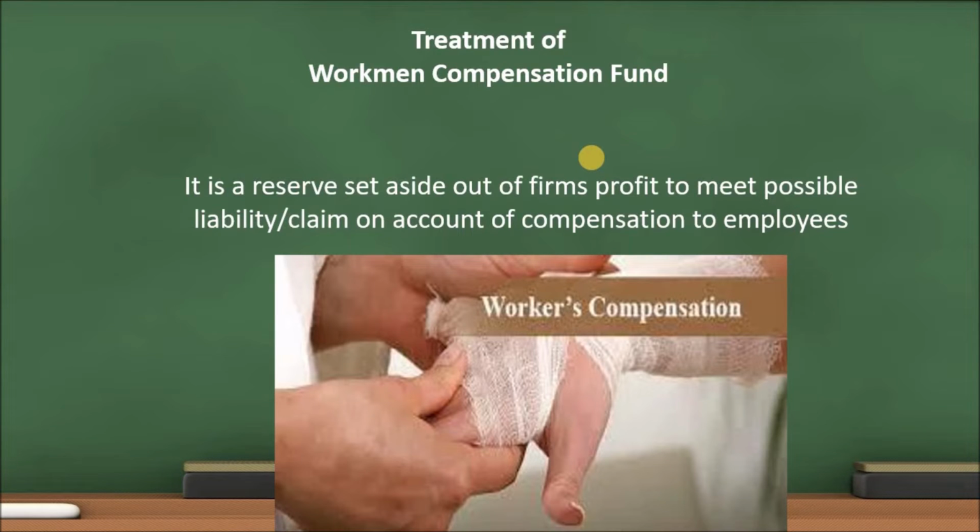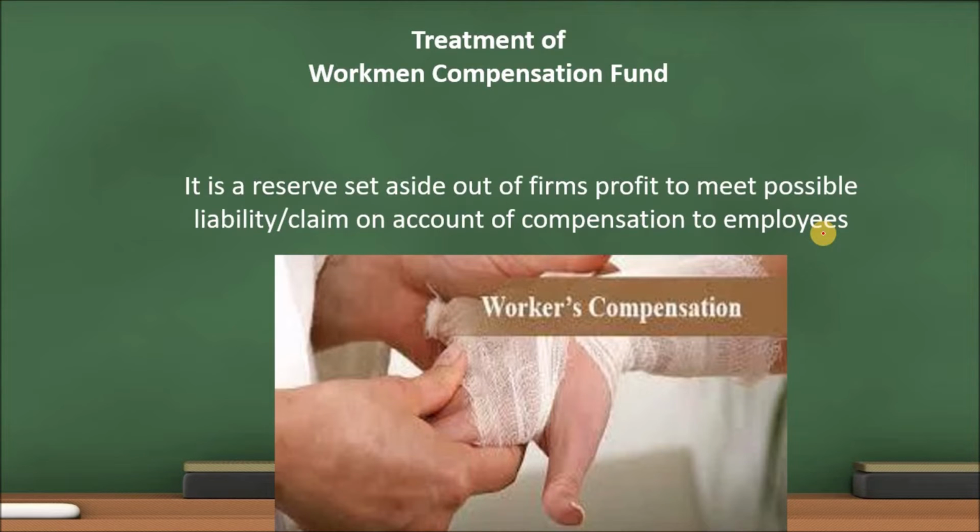Now let us come to the treatment of workmen compensation fund. First of all, what is the meaning of workmen compensation fund? It is a reserve set aside out of firm's profit to meet possible liability or claim on account of compensation to employees.